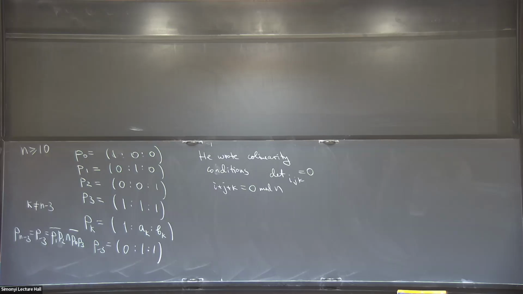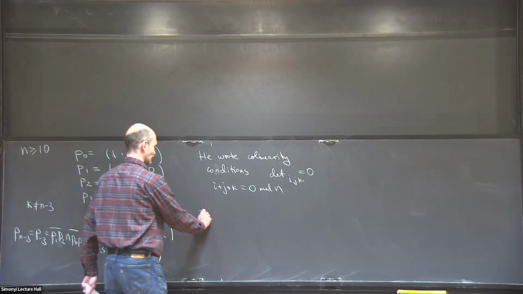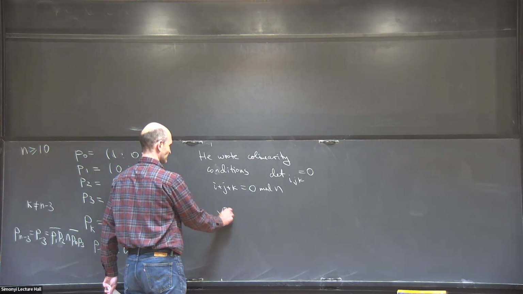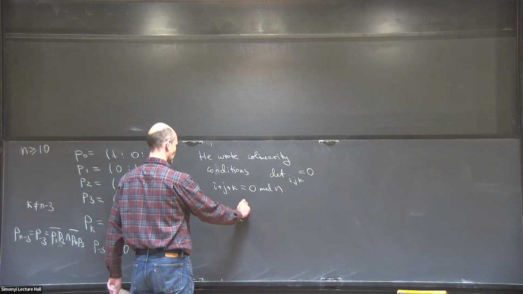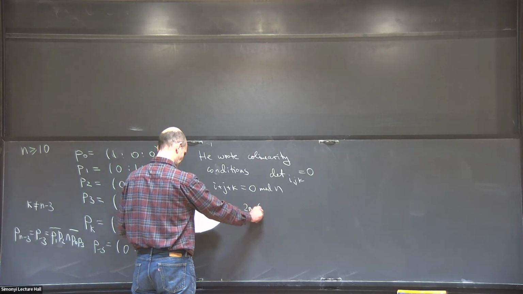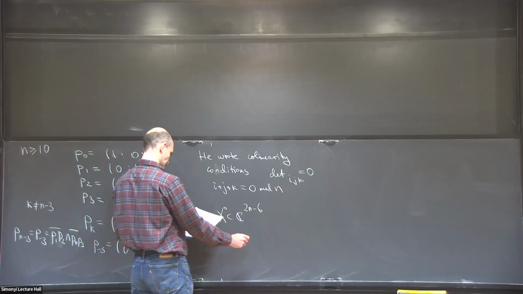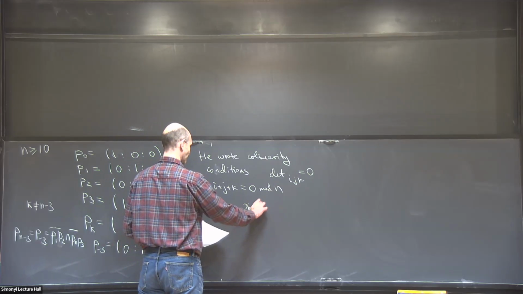And he could see for small n that he was getting a smooth curve. X1 of n was a natural guess, so it was all pretty clear. And he could get the degree as well by looking at the Hilbert polynomial. Now this thing is of course not graded, but when you homogenize, you get some kind of, in C, 2n minus 6 or something, or 2 times n minus 5.